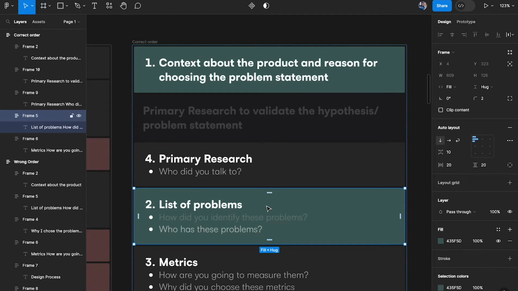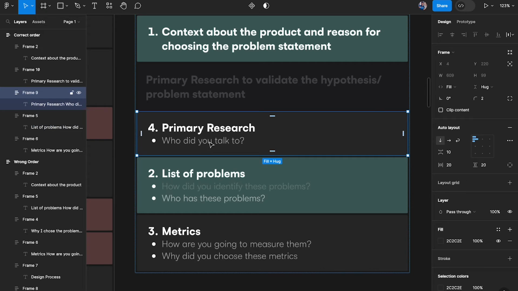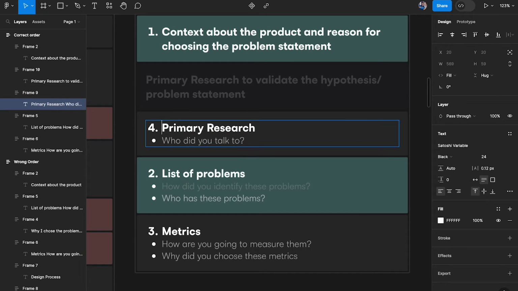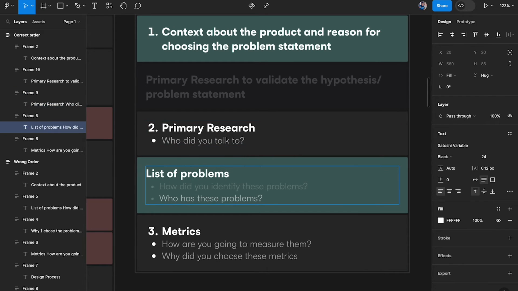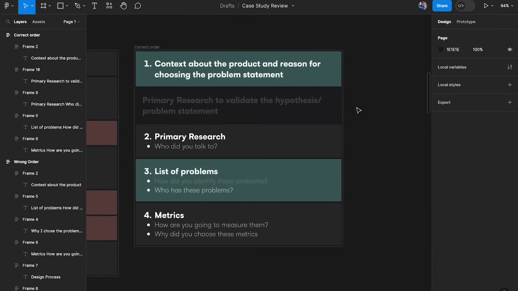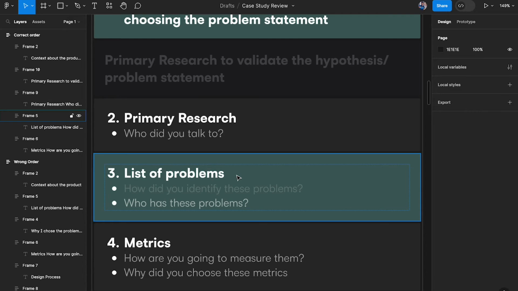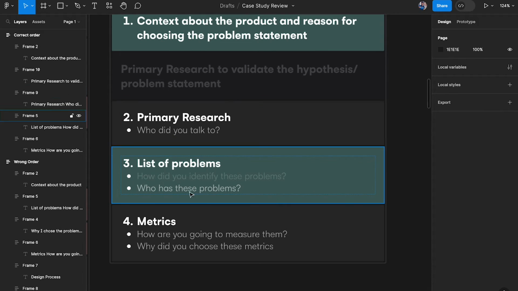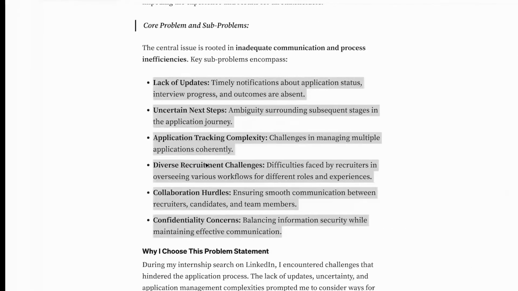This is in the correct place, but I still need to understand who you talked to. So I'm going to come over here and change this to 2, this is going to be 3, and then this is going to be 4. So we still have these 2 questions that recruiters have, which is why the story is not making sense. But anyway, let's continue.